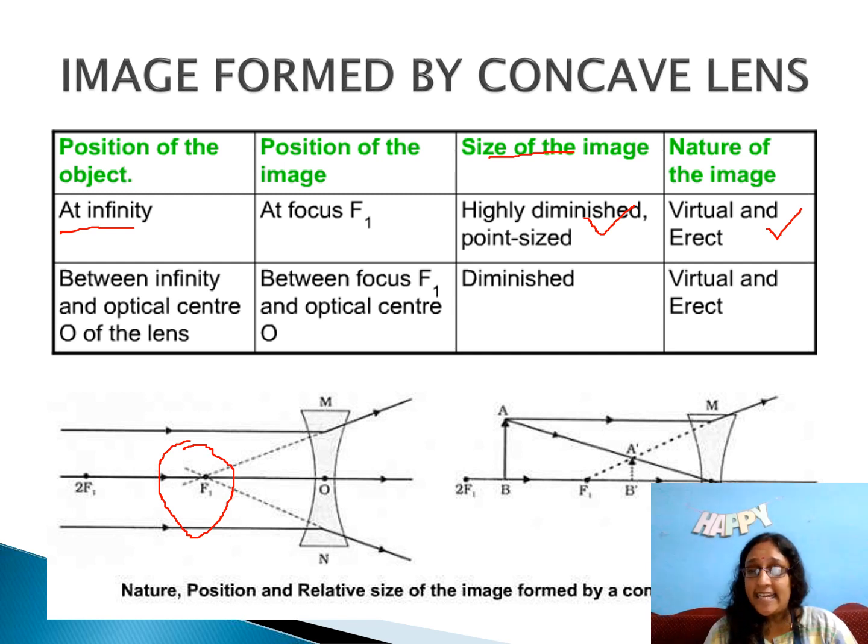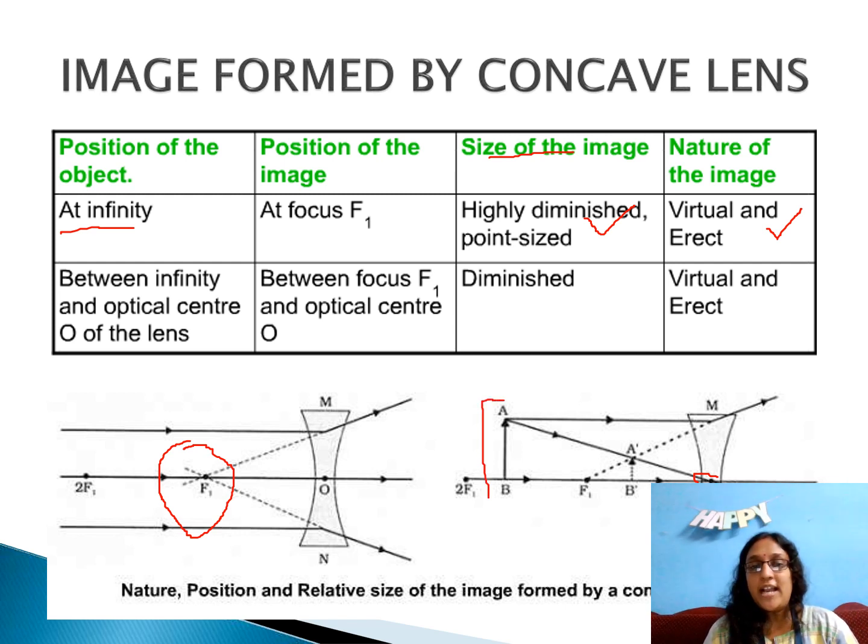What will be your second case actually? When you place the object between the optical center and infinity. This is your optical center, and somewhere in between optical center and infinity they have kept AB.